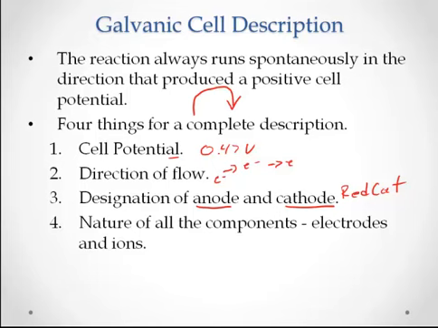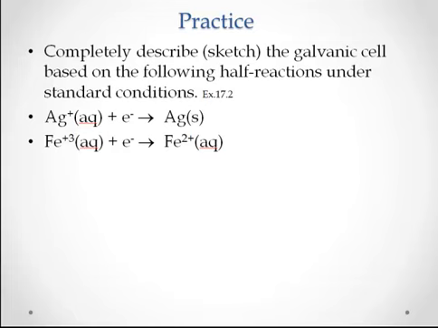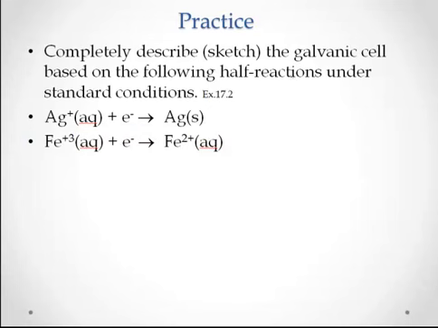So let's look at a typical problem and give it a try. In the last podcast I mentioned how we'd have to figure out which reaction is going to happen. Let's get the reduction potentials for these two half reactions. We've got silver being reduced to solid, which looks like it's right here at 0.80 volts.